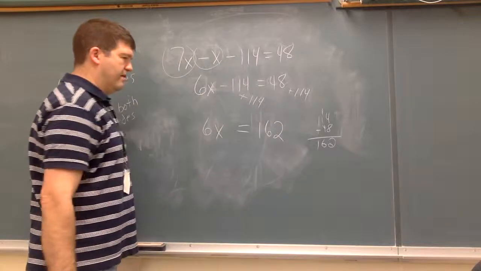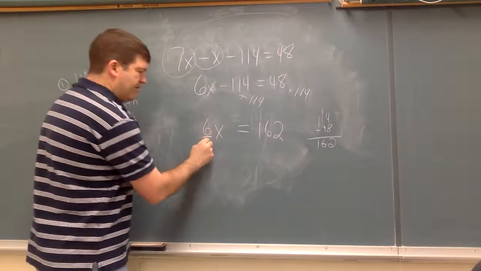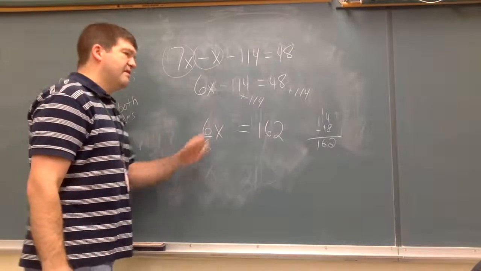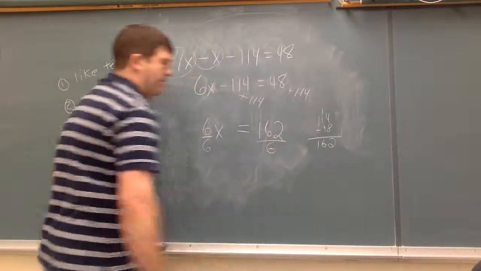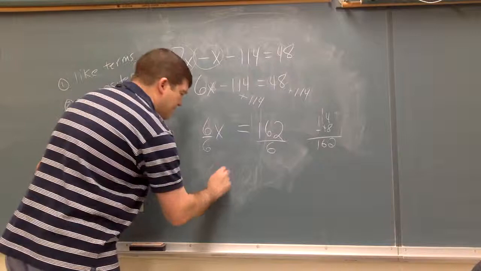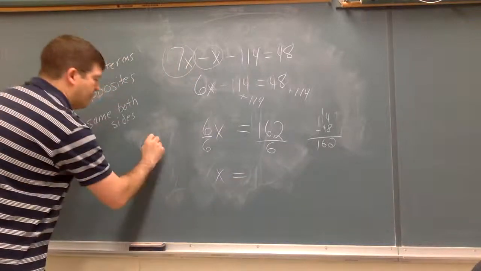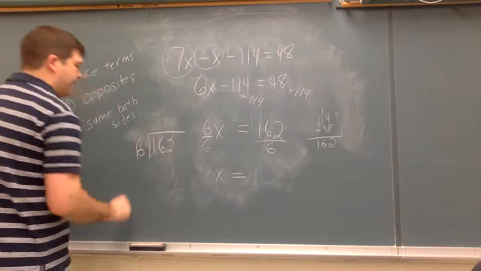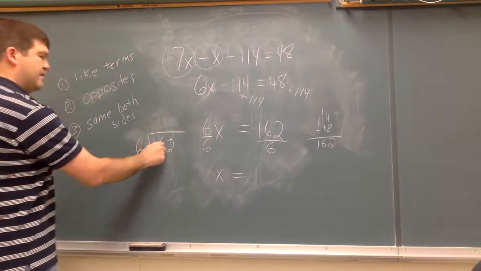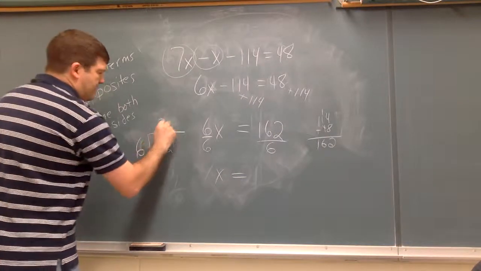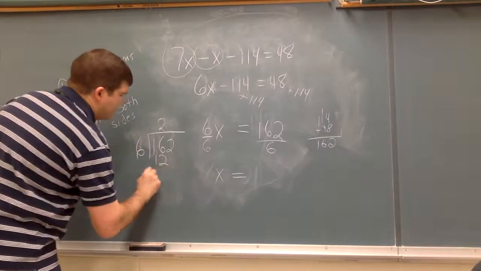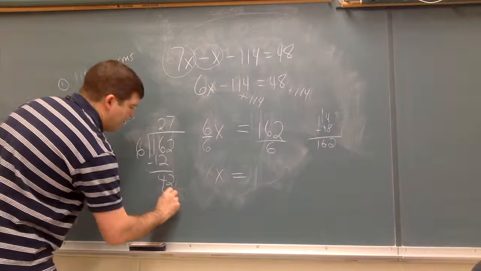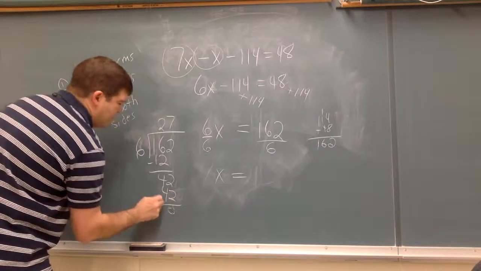162. All right, now I want to get rid of this 6. Instead of timesing by 6, I do the opposite. I divide it by 6, but I got to do the same on both sides. So that leaves me with x, and then I come over here, 162 divided by 6 equals, let's see, that goes in there 2 times, 42, and that equals 7, 42, 0.